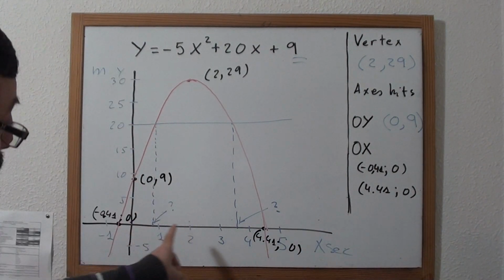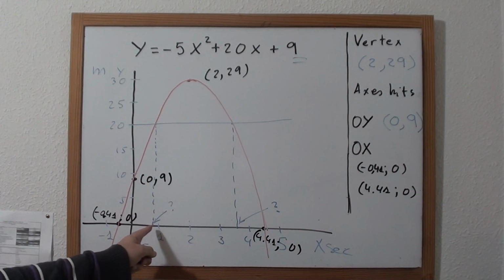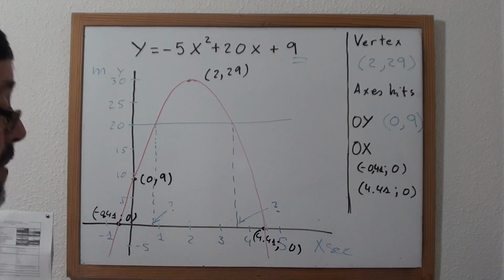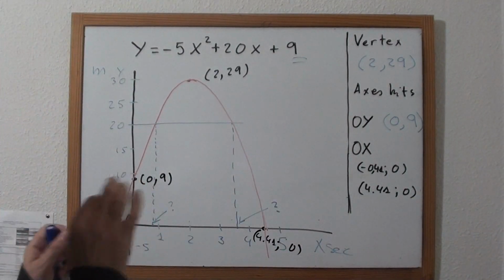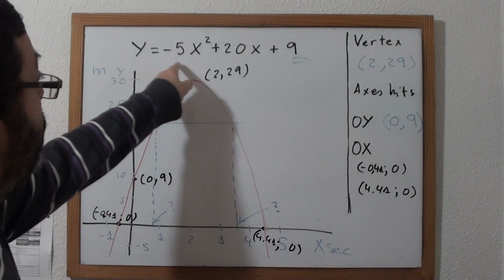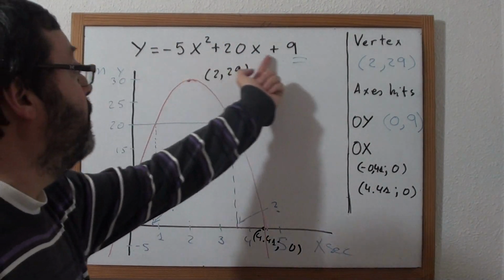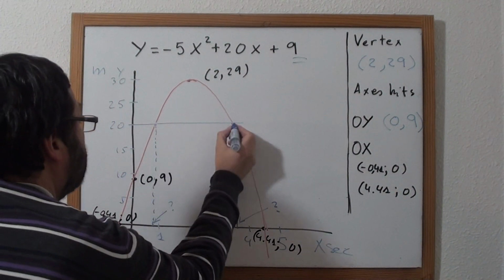If I could trust the drawing, the graph, I could estimate that this is more or less a little bit less than 1, and this is around 3.6 or something like that, but I cannot trust this drawing because it's not square paper. I've done it by hand, so it's not trustworthy. But I can do something. I can calculate that by equating the function to 20, and then I will find this point and this point.